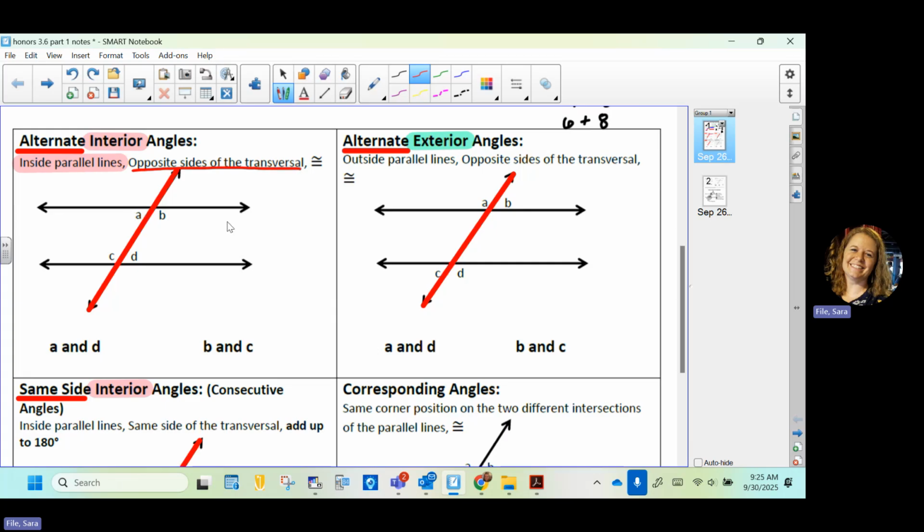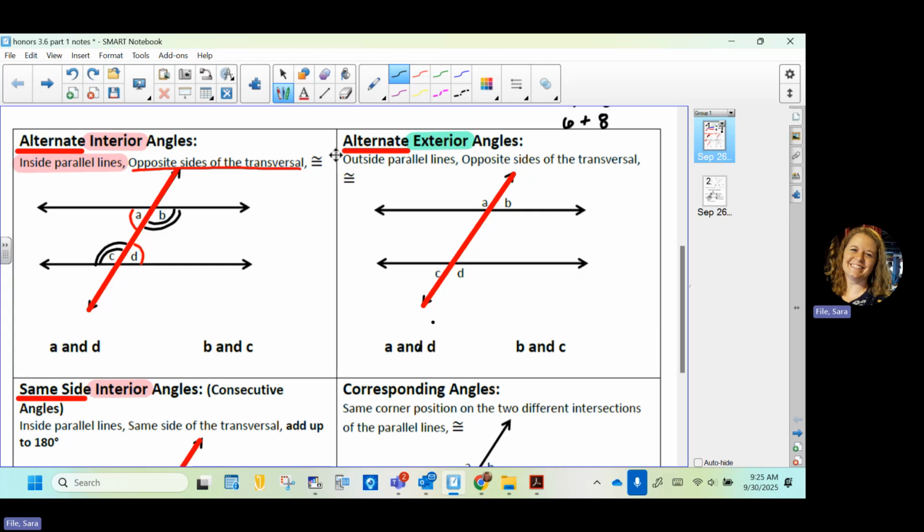In between the parallel lines, there's only these four, A, B, C, D. Alternate sides, A and D, we know are congruent. Those are both acute. And then B and C, those are both obtuse. So these are my two sets of alternate interior angles.